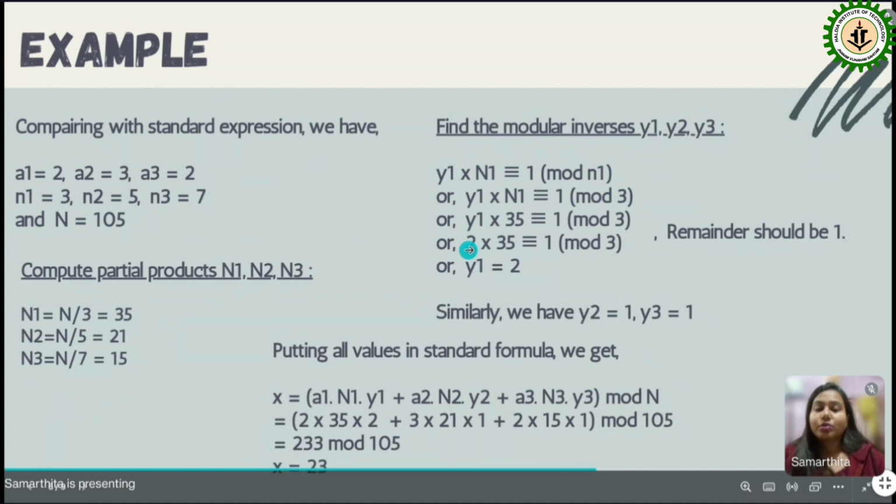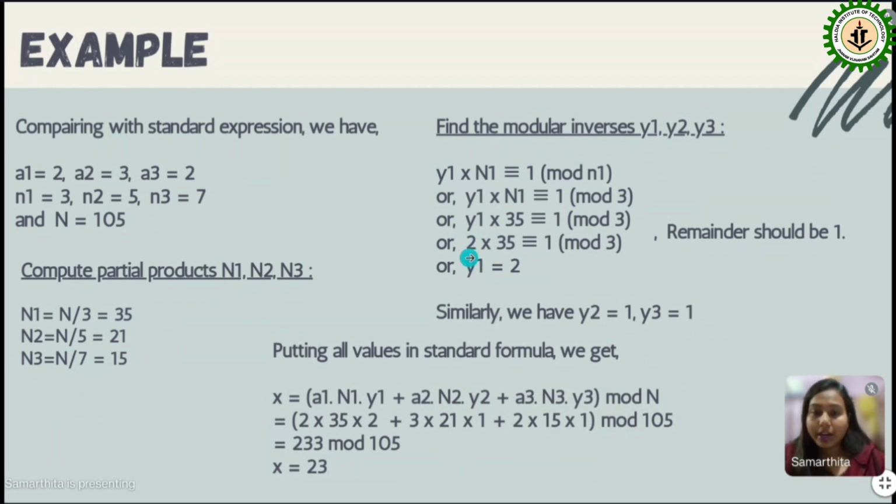To calculate y1, we will try the trial and error method. We will put the value of y1 as 1, 2, 3, going forward that way, and we will stop only when the remainder is 1.